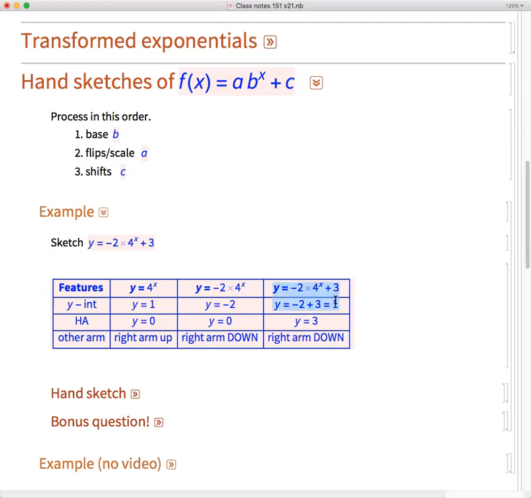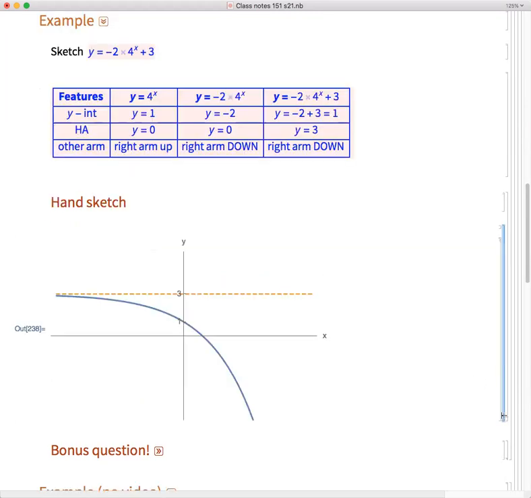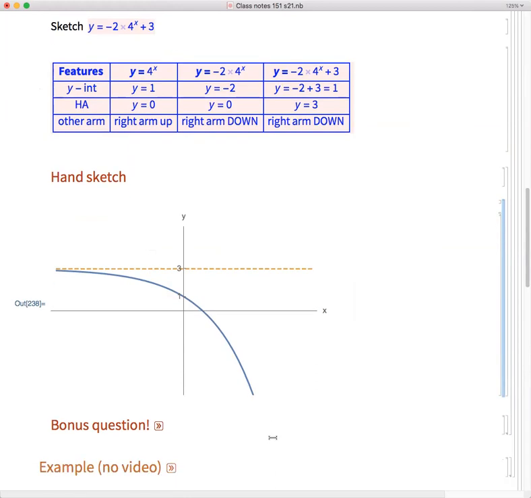Okay, so to give a hand sketch, we just want to include something that shows these 3 features, and here it is. The horizontal asymptote is marked with a dashed line, the y-intercept is marked with a tick mark, and we are right arm down.